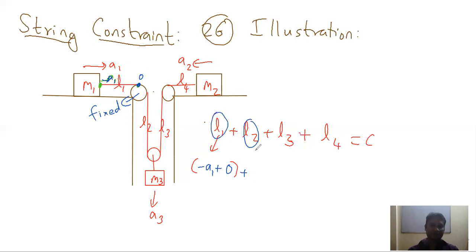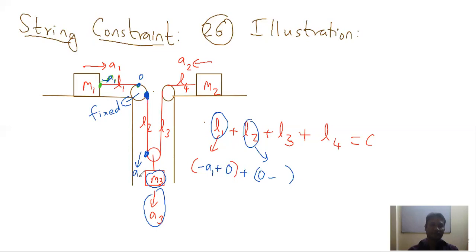Now let us think about L2. For L2, we have 2 points. One is this point, another is this point. This point is connected to the fixed pulley, so 0. This point is connected to mass M3, which is moving down with acceleration A3.